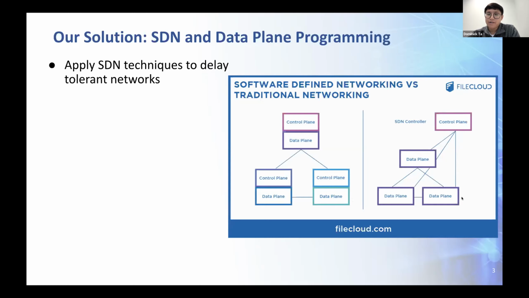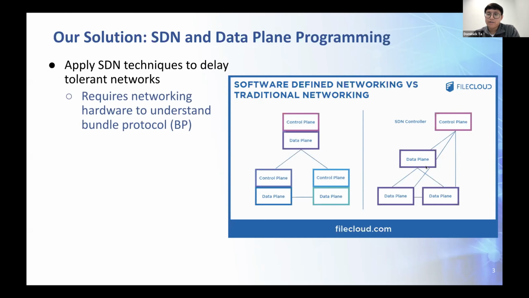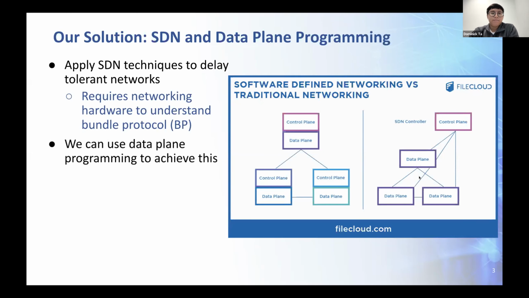But there are some complications if we want to apply this to DTN. One complication is that the links between the control plane and the data plane assume that you have a link there. Another big issue is that we need hardware that can understand bundle protocol. So we need a data plane that can understand bundle protocol. That is the problem we were tackling, which is the data plane.